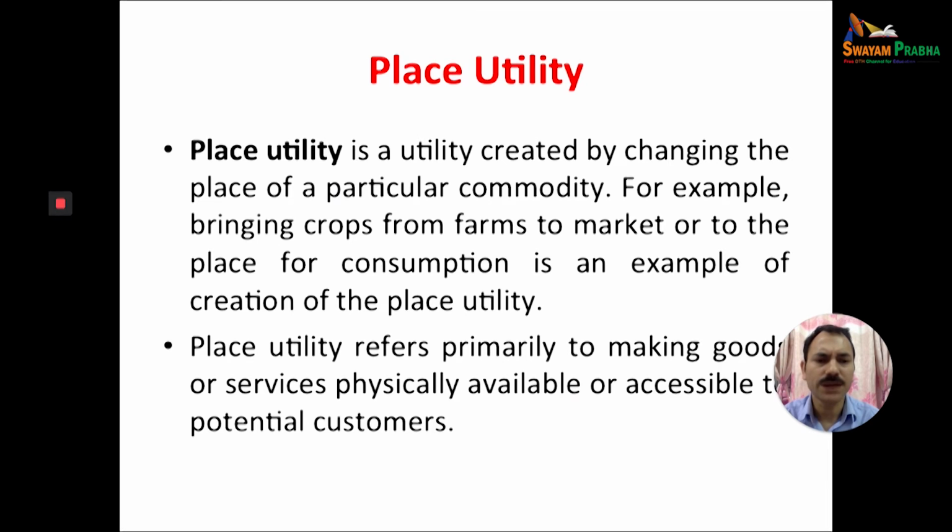Place utility refers primarily to making goods or services physically available or accessible to potential consumers or customers, where there is a need for that product. When you change the place of goods and services and make them physically available to them, this is called place utility.